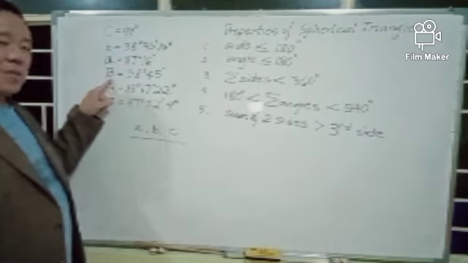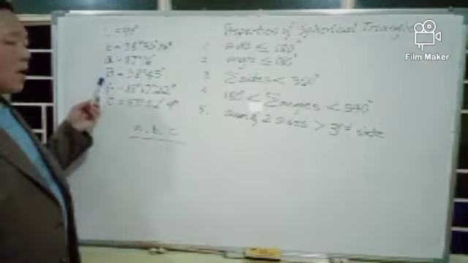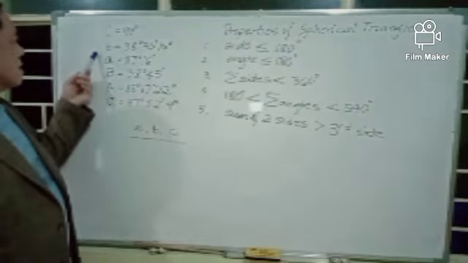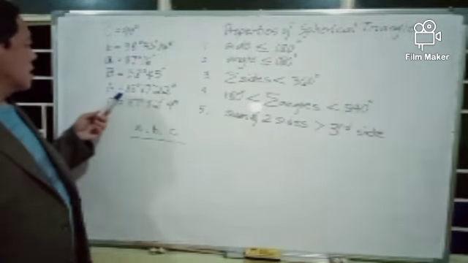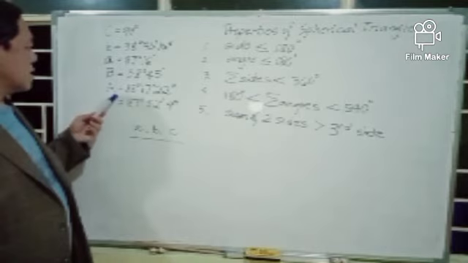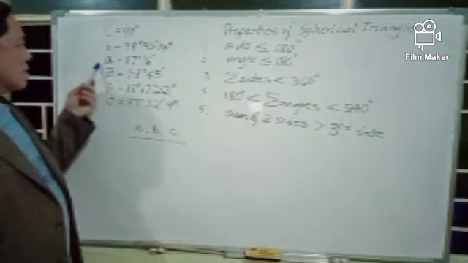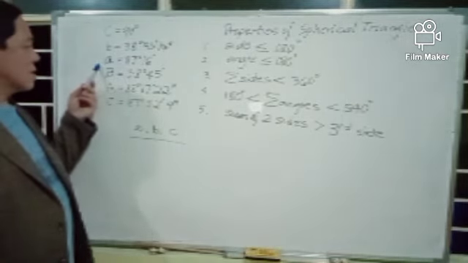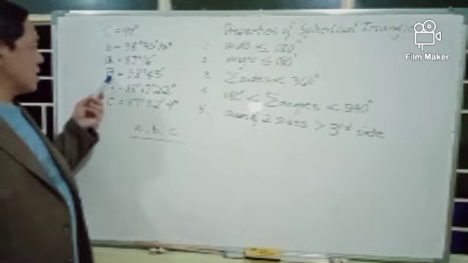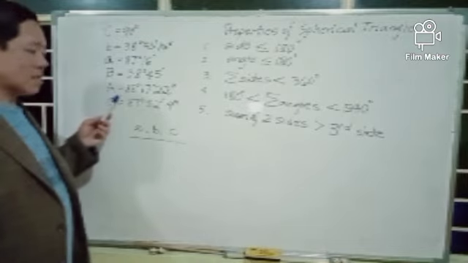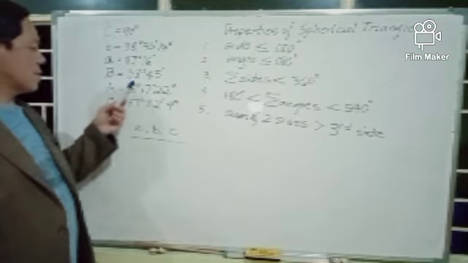And angle B is 38 degrees 45 minutes, and the side opposite angle B is small b, 38 degrees 43 minutes 14 seconds. Hence, angle A has a larger opposite side than the side opposite angle B, because angle A is greater than angle B.